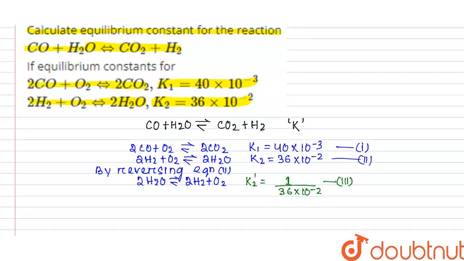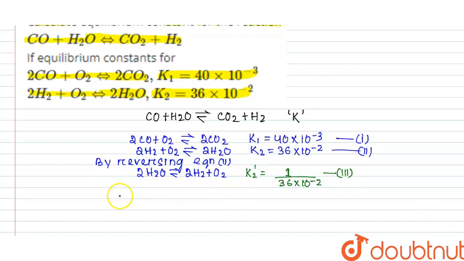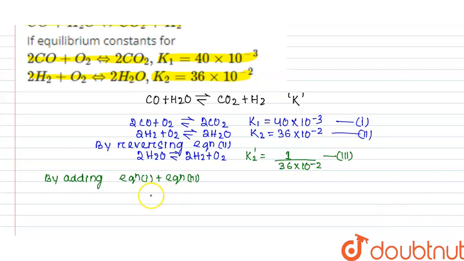Now we'll add equation 1 with equation 3. So by adding equation 1 with equation 3, we will get 2CO plus 2H2O gives rise to 2CO2 plus 2H2.